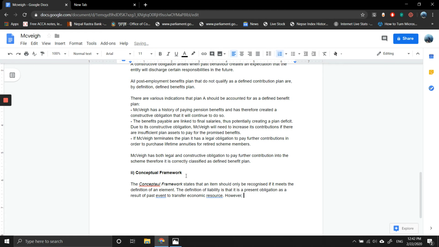However, conceptual framework notes that not all elements are to be recognized.